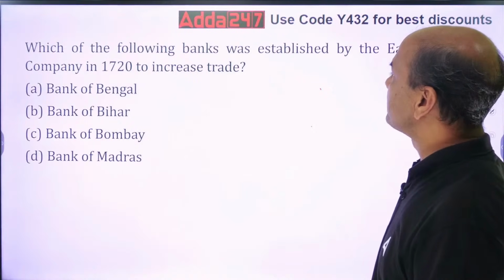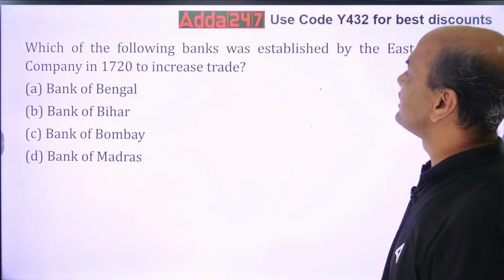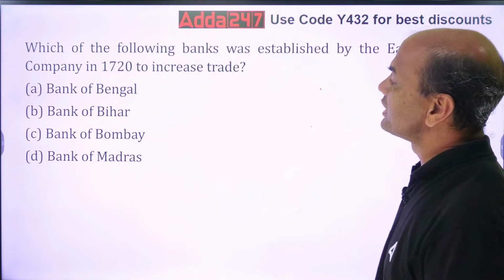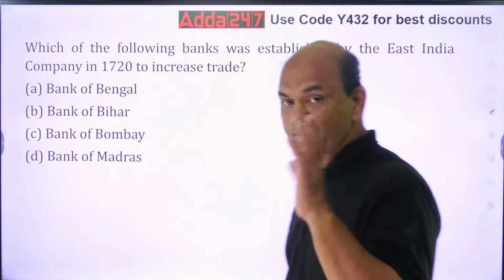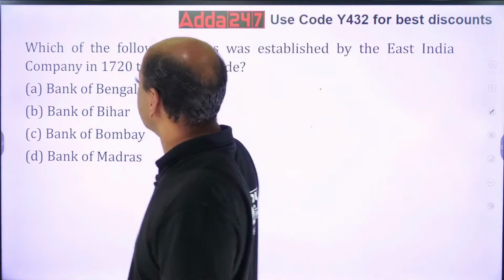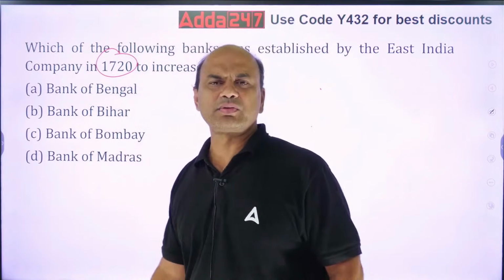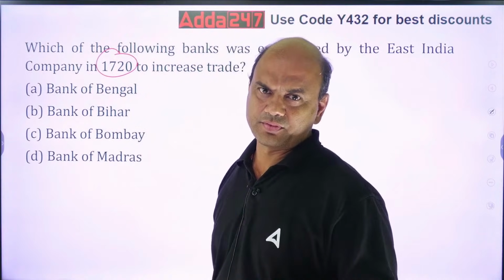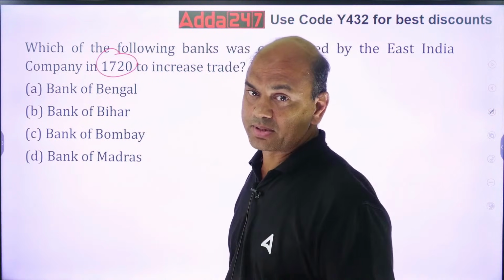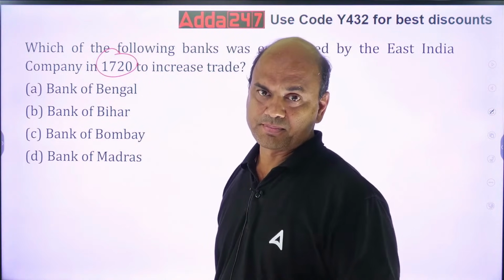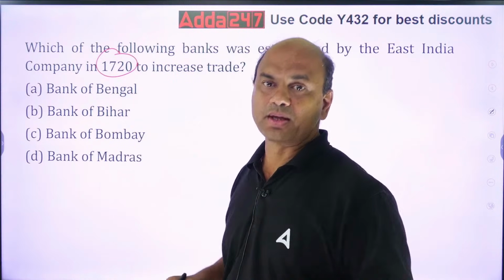Which of the following banks was established by the East India Company in 1720 to increase trade? Kindly remember this: there were 3 presidency banks, Bengal, Bombay and Madras, which were combined to form the Imperial Bank.